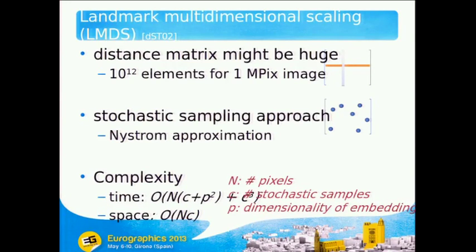Shortly. So the complexity, what we did was instead of using this n cross n times n, we used only C samples. Okay, so let's say you take C samples here stochastically, and the dimensionality of the embedding was P. So once we take the distance metric, once we add this distance to Chennai, Bangalore, we can embed it in any dimension, right? In that case, P equals 2 gave us a good solution, but in some cases, you may have to go to a very high dimensional space to realize the embedding.